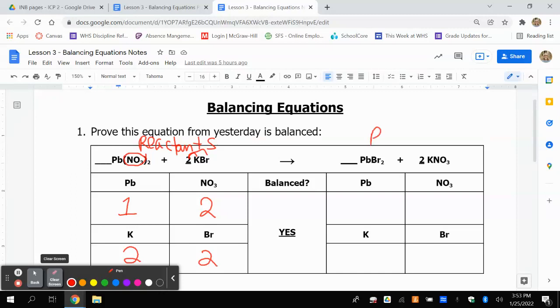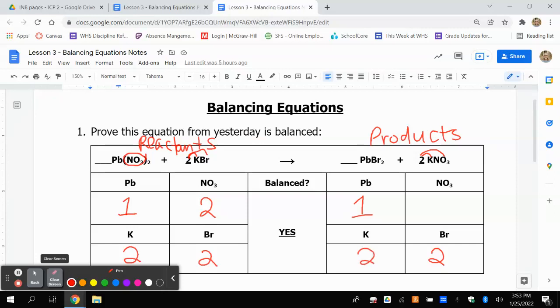Then we move over to our product side. And we see we still have one lead atom. We have two bromine atoms because it's Br2. Now we have this coefficient out in front again, so we're going to distribute that over. We have two potassium atoms.